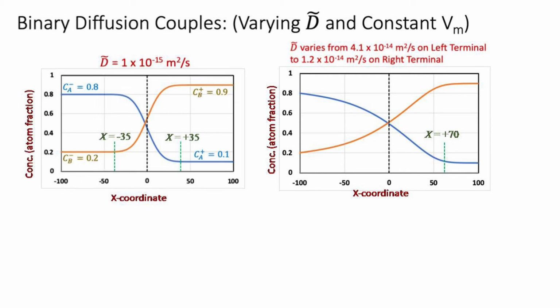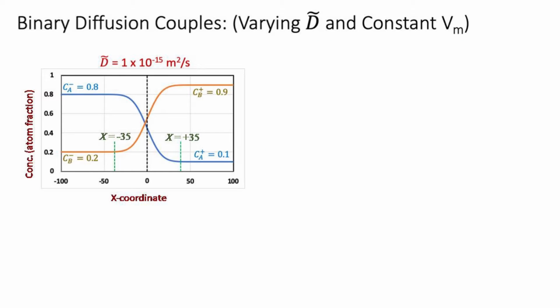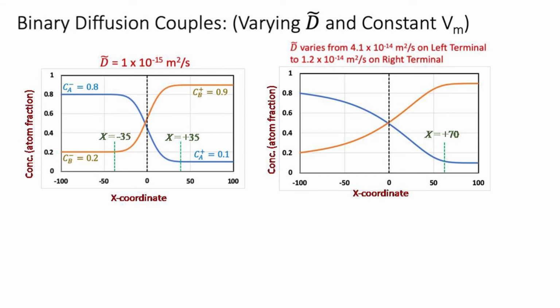On the left side I have the same hypothetical diffusion couple with constant value of d tilde equal to 10 to power minus 15 meter square per second. It was essentially the same couple that I presented first in the last slide. And the second, on the right side, these are the diffusion profiles developed in a binary diffusion couple in which the interdiffusion coefficient varies with composition.